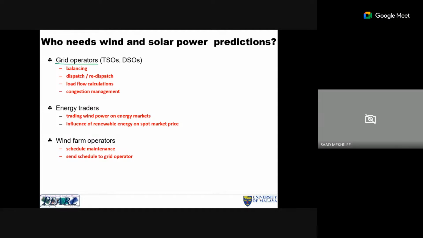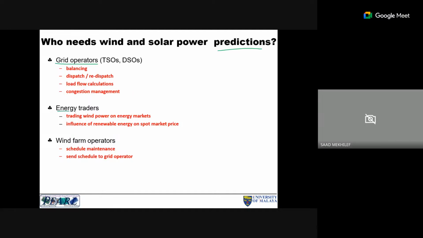That will help them with balancing between the different sources, dispatch and redispatch, load flow calculations, and congestion management. So that's why the grid operators need these predictions, so it can give them more accurate information on how to make proper load flow calculations and congestion management.